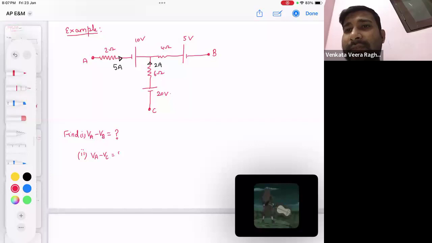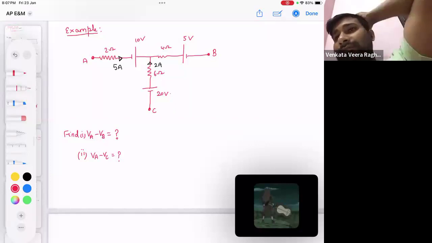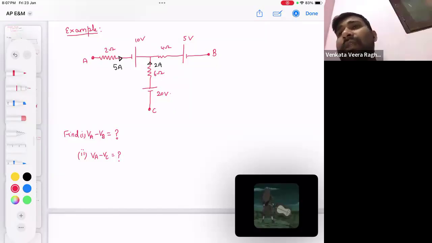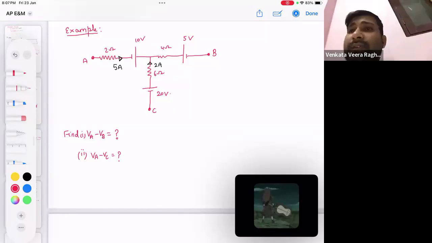This is a part of the circuit. Some more things will be there in the circuit, but only this much is given to us. Now they are asking what is the potential difference between the points A and B. Please tell me how much that comes to.